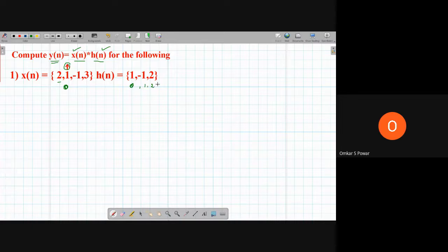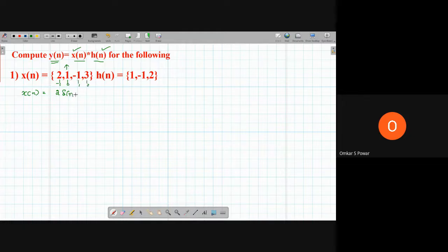So what should be our approach to solve the problem? The first thing you have to do is express this signal in terms of delta function. It's easy. So x of n is equal to 2 into del of n plus 1, because this is at 0, so the others are at minus 1, 1 and 2.